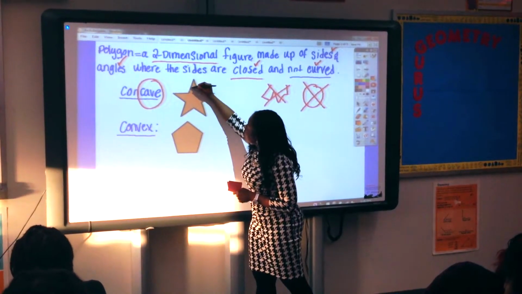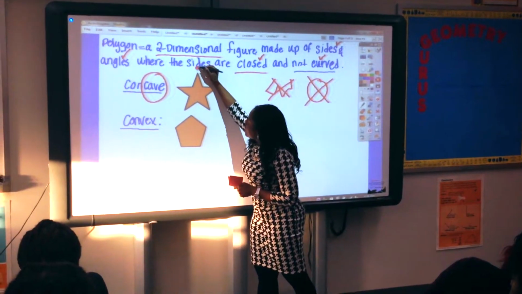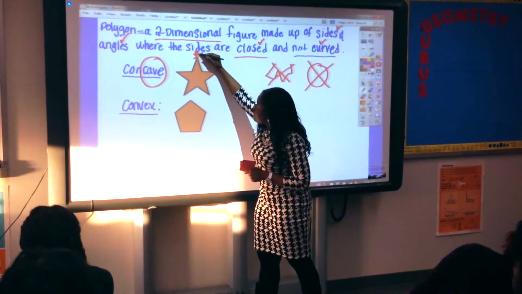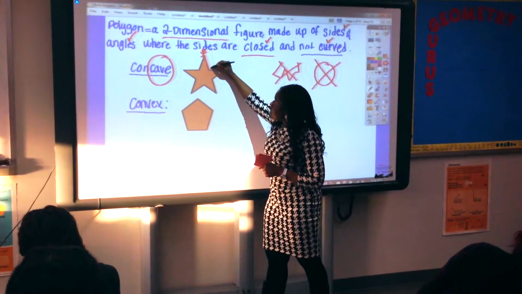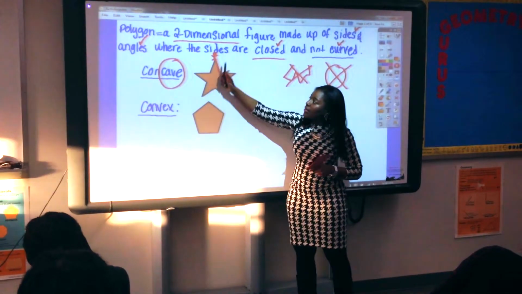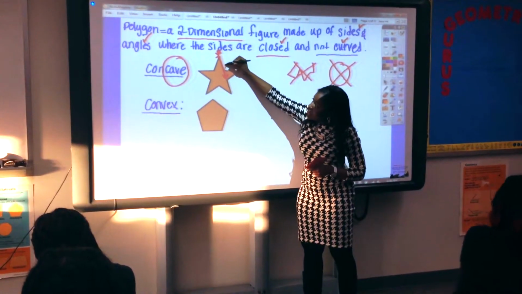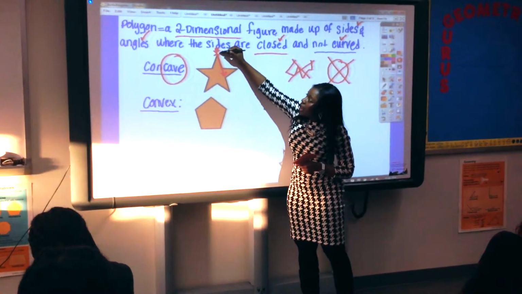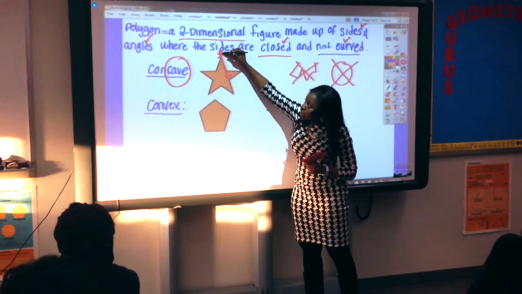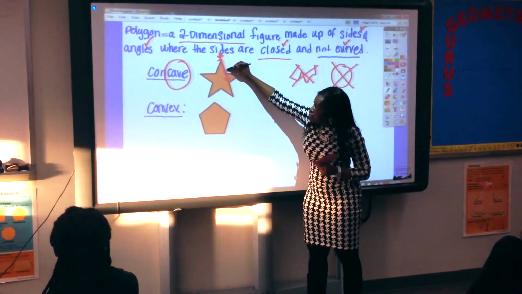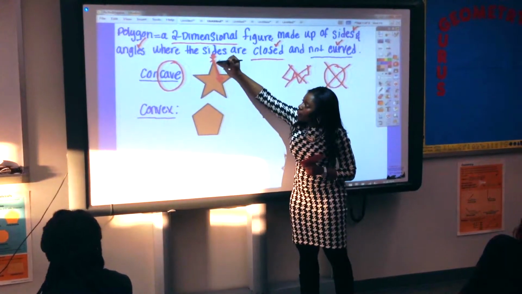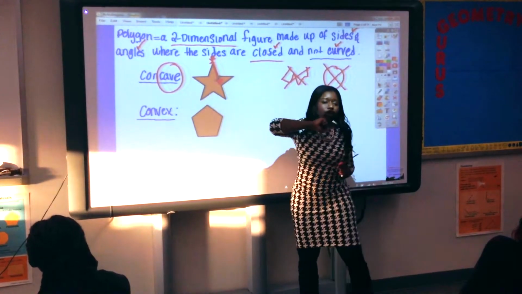So imagine this is a mountain, and I am going down the mountain. Here's Miss Elliott walking down the mountain, and this is the path that I have to take. When I walk down this path, it is the side of our star. If I was to have a segment start at this point and go straight down, it will end inside, or fall inside of our figure.